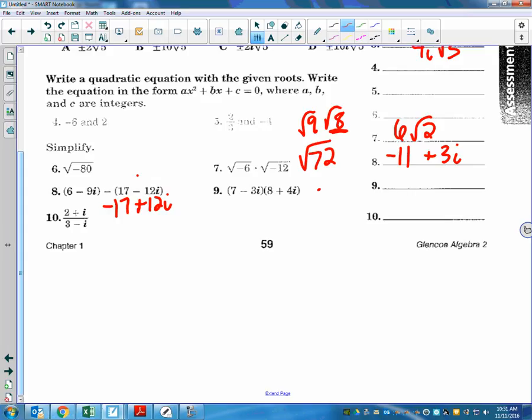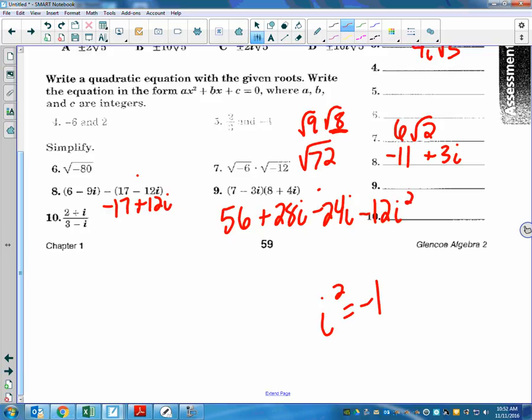Number 9 is not adding and subtracting. That's multiplying and dividing. Combine like terms. Remember that i squared equals negative 1. That's what we just did at the beginning of this week. So you have to FOIL that out. You would get 56 plus 28i minus 24i minus 12i squared.